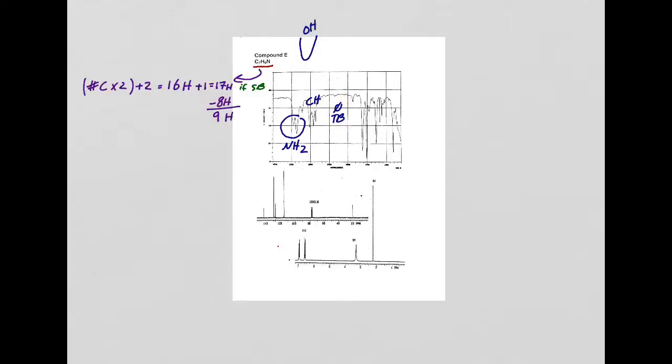So none of these 8 missing hydrogen are from the triple bond. What else? Oh my God, there is no carbonyl. Okay, that's also good to know. Also remember, look at the formula. There is no oxygen in the formula. So there is no carbonyl, there is no triple bond. I have an NH2. Not bad. I'll take that.